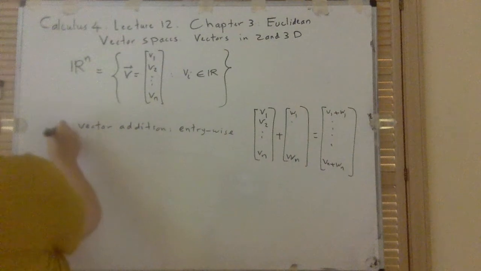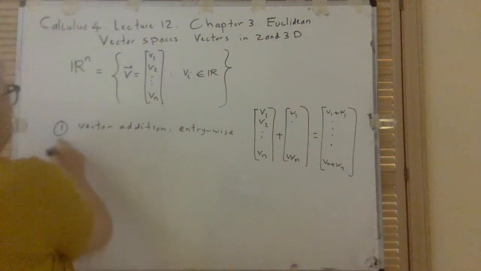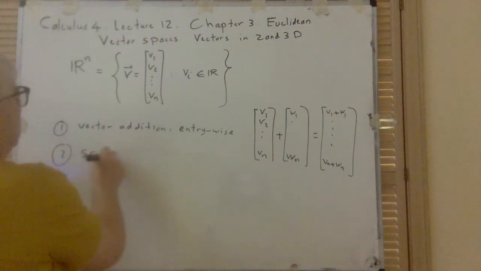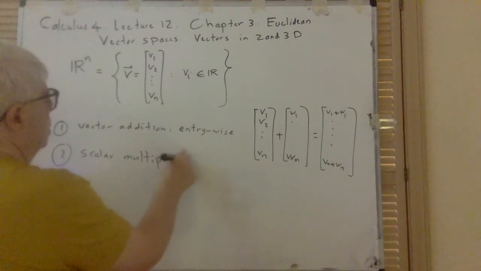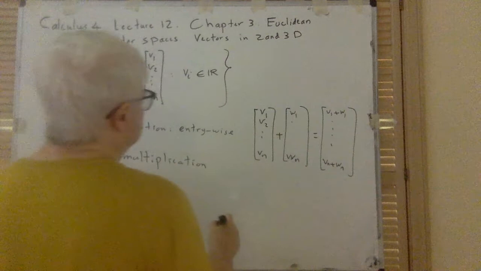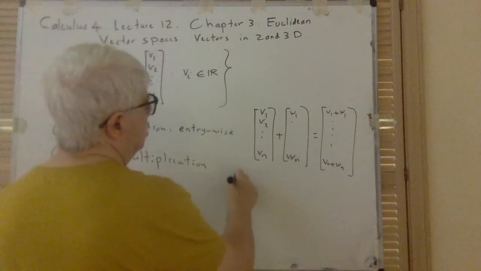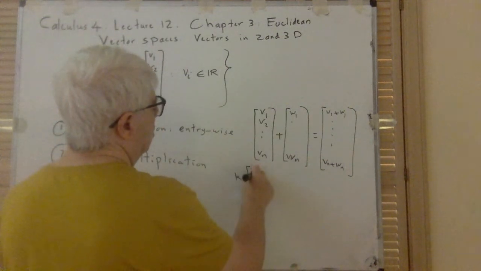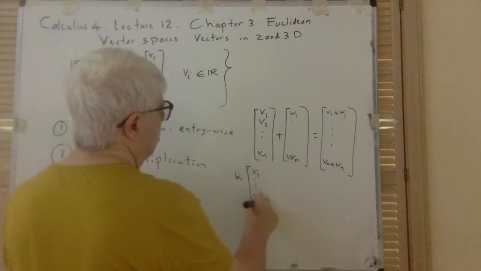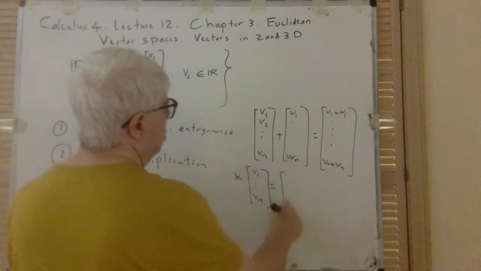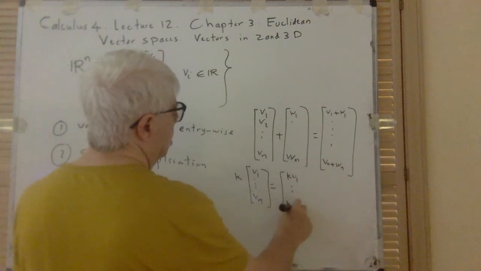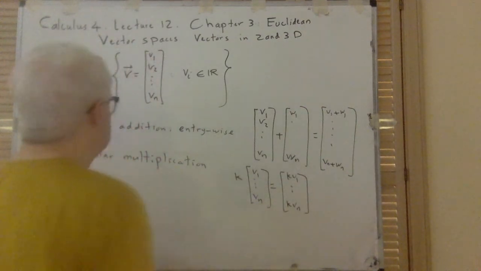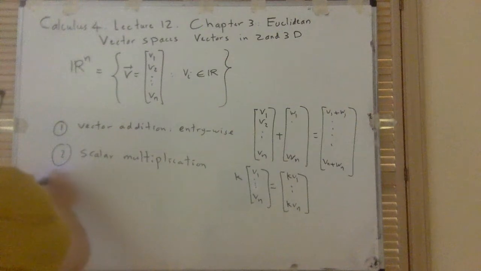And two, we need scalar multiplication. And that is k times one of them, which is like multiplying k by each entry. And we need the negative of a vector.